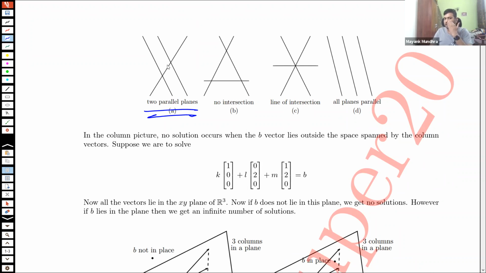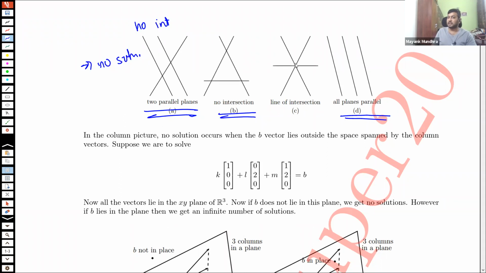The third line is intersecting both of them. So there is no common intersection point. It is possible that these 3 lines have no intersection, which implies there is no solution. This also corresponds to no solution. This case also corresponds to no solution.